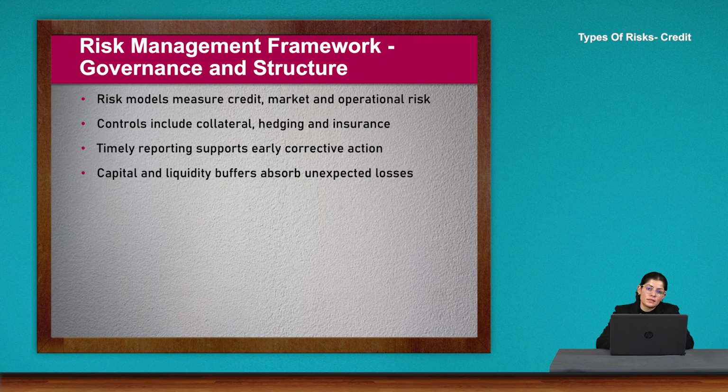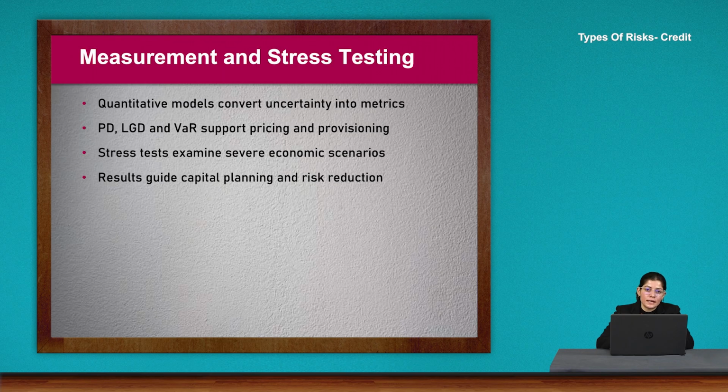Then we have business continuity and incident response. So redundancy, alternate sites, and tested recovery plans we can use. Another one is vendor and outsourcing risk management. So due diligence, enforceable contracts, and exit rights we can use. Now let's move to another slide.